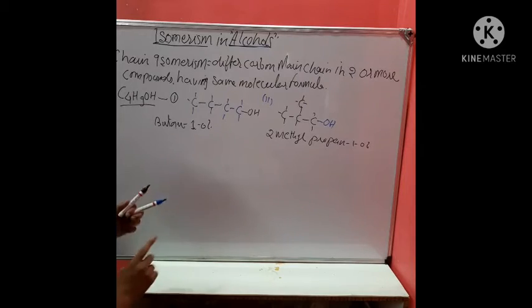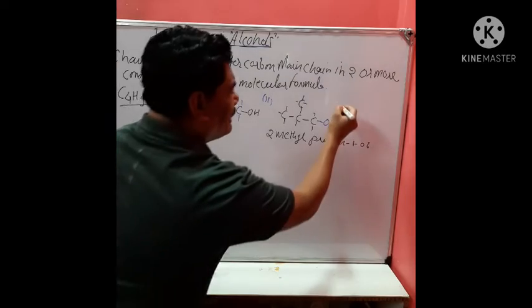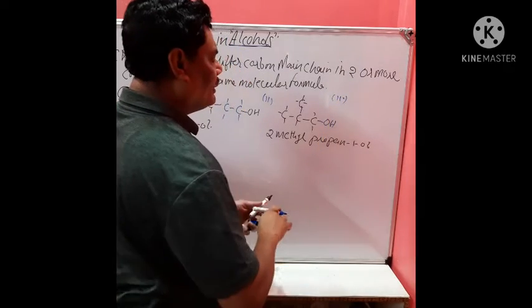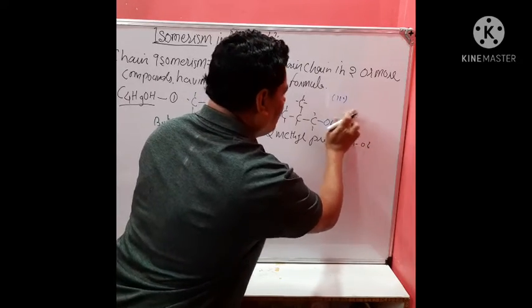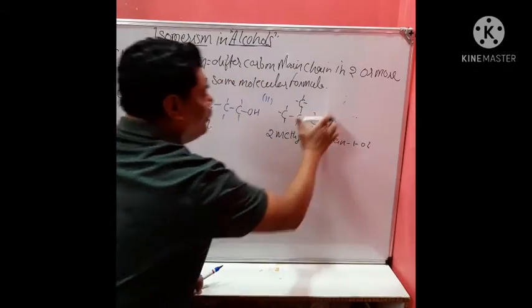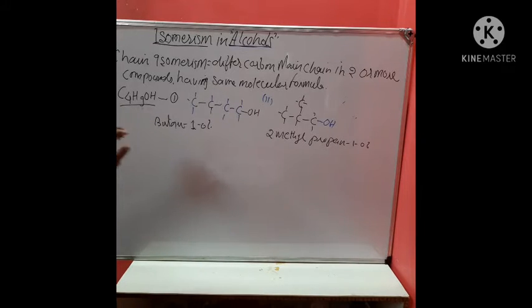Student, can we draw one more? Okay, so we can draw one more compound. Here the 3, okay, will not be possible. So the 2 isomers of this type of isomerism having this formula are possible. So this is called chain isomerism. Are you getting?